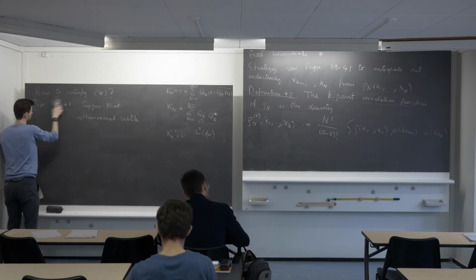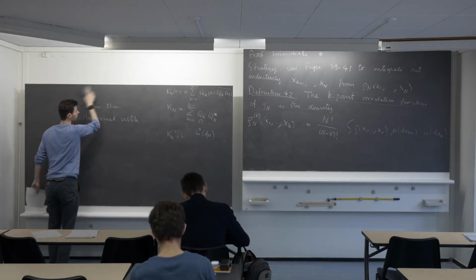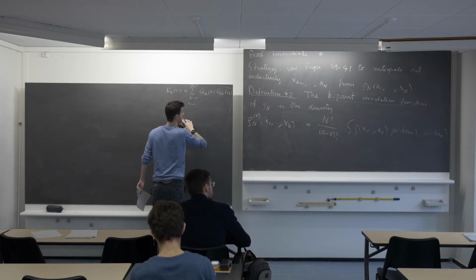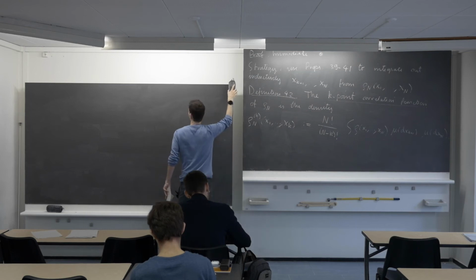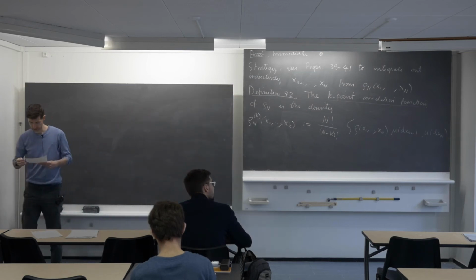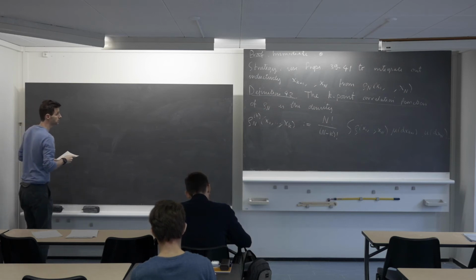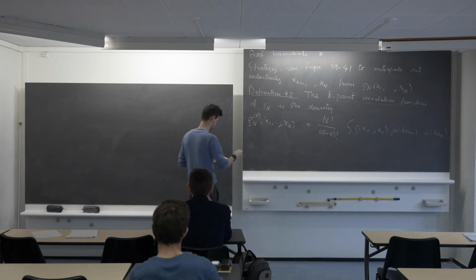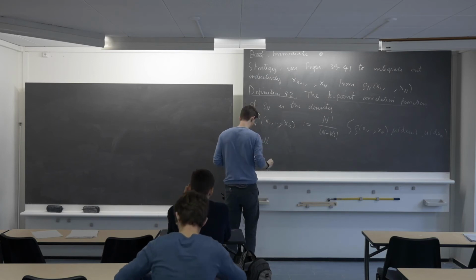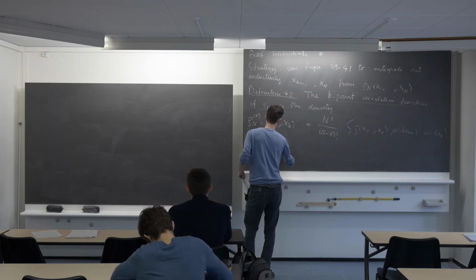A random point process is just a random collection of points, or more formally a locally finite integer valued random measure. This is something you studied a bit on the problem set, so I would just like to recall.